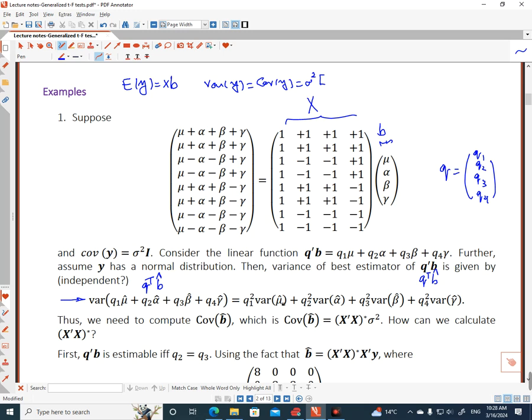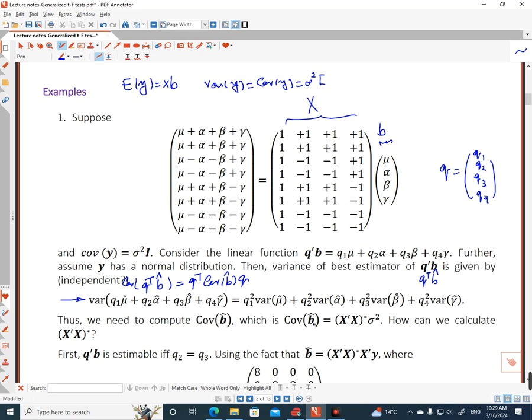But for this, we indeed need to compute the covariance of b hat, because the covariance of q prime b hat is q prime covariance of b hat q. I have q, and if I find the covariance of b hat, everything is solved.